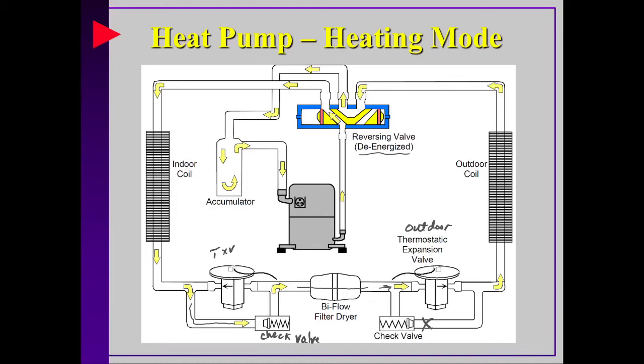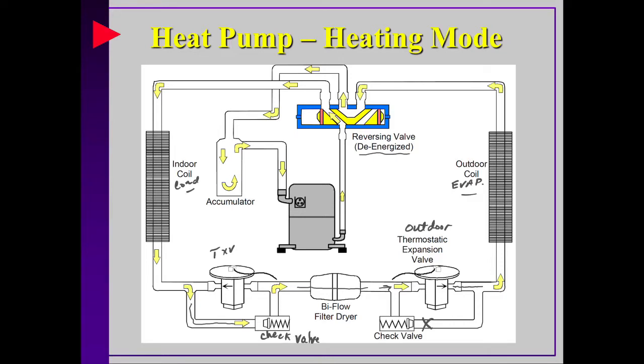So it just depends on the manufacturer and how they wanted to do it. And in this particular case, we're showing the metering device, which will drop the pressure and temp down. This outdoor coil will now act as an evaporator. This indoor coil will act like a condenser.